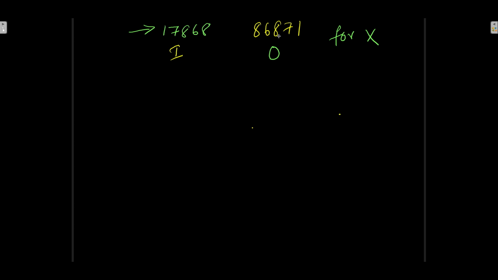If I reverse one by one, let's say first time I pick up this element, it will come 8. Second time I pick up this element, it will come 6. Third time it will come 8. Fourth time I will pick up 7 and 1. So if I pick up one by one, I will be able to do that.